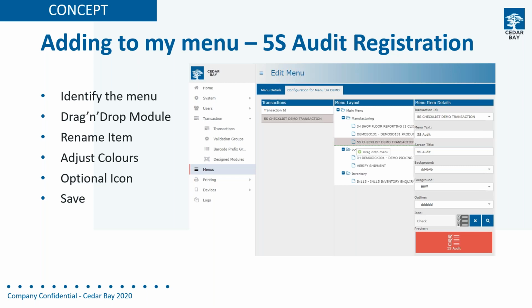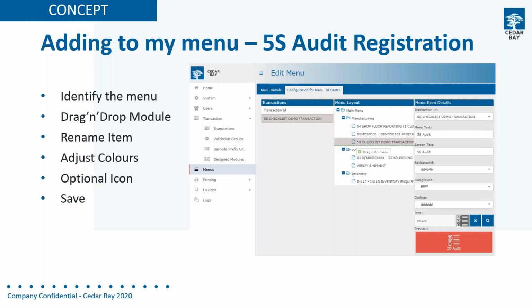So if I look at my CV Apps menu, from a setup perspective, I can add a designed module into my menu in the same way I can bring a core transaction into my menu. The menu I've got configured on screen is called JH Demo Menu, and it has three subfolders: manufacturing, production, and inventory, and inside them are transactions.